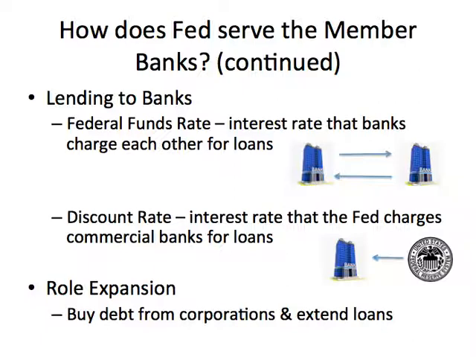And then also, they serve the member banks by buying debt from corporations and extended loans. This is important as well, because if we're heading to recession, the Federal Reserve can step into the banking industry and buy up a bunch of debt from these corporations' extended loans, which then boosts the confidence of the customers of that bank, which will then stabilize.